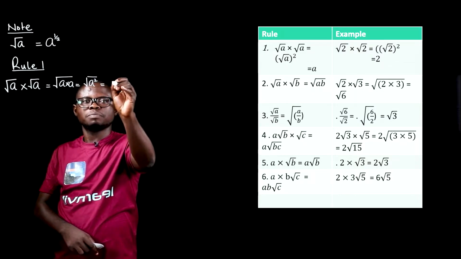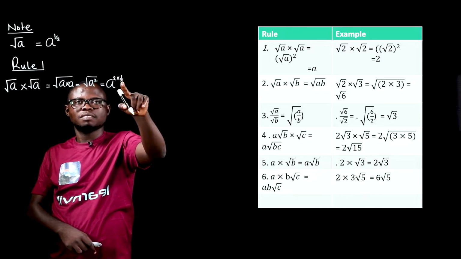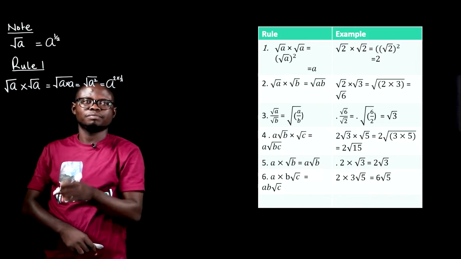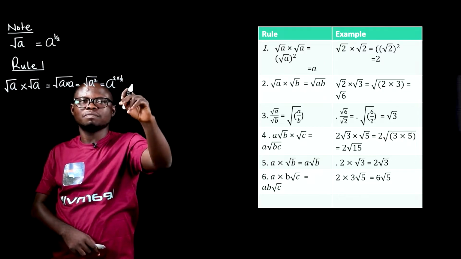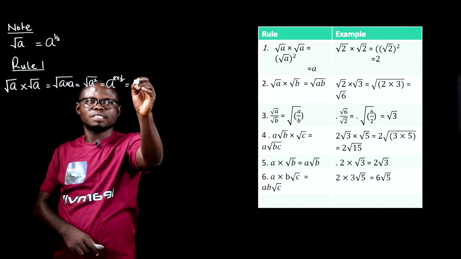And this becomes square root of A raised to the power 2 times half. This is what we discussed in the beginning. What happens is that 2 times half, this divides this one, and we get A.